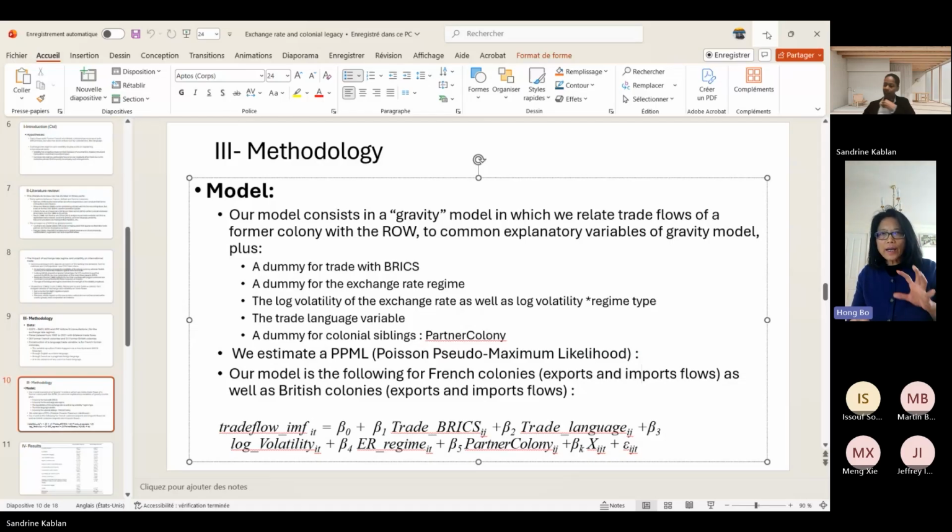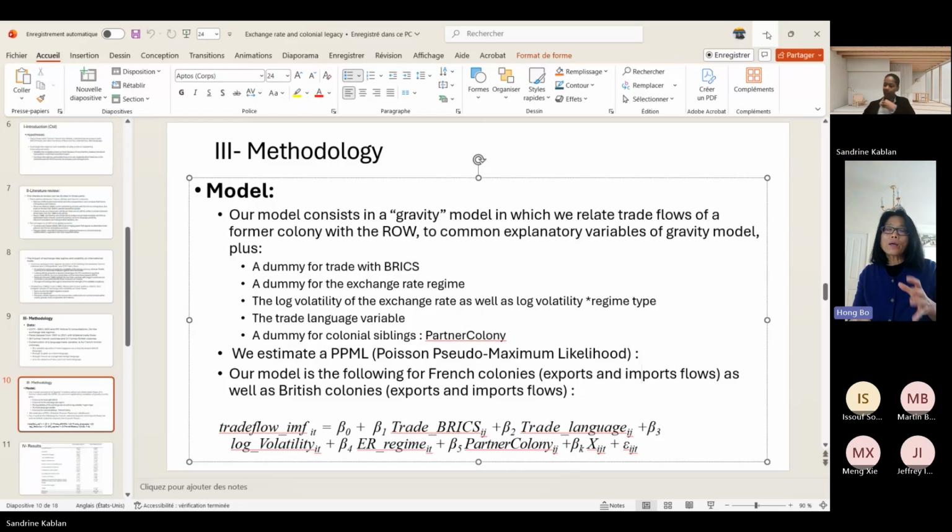Actually, I think I did not see more hands, so maybe I should comment, or at least ask a couple of questions. So I think this is a very interesting paper, and there are a lot of opportunities to dig deeper. So, for example, Sandrine, I was looking for more about colonies.